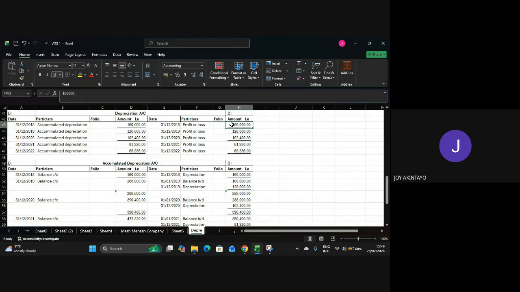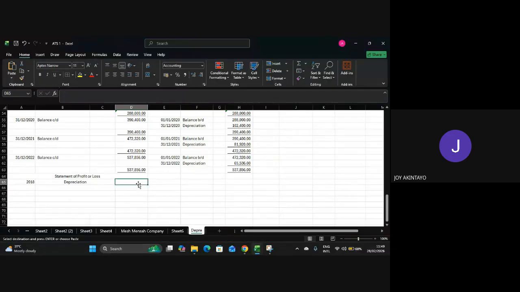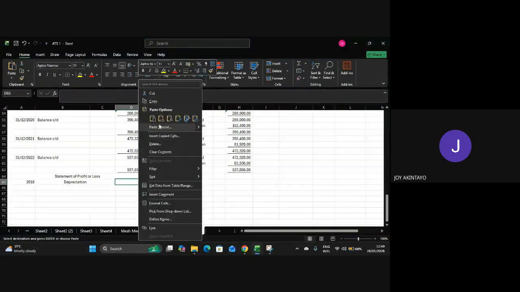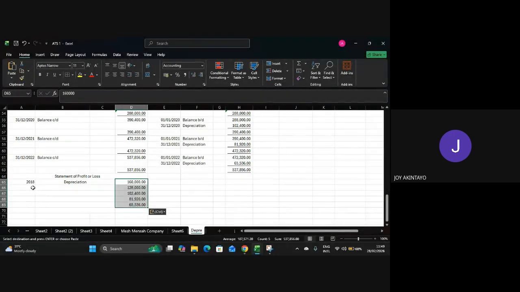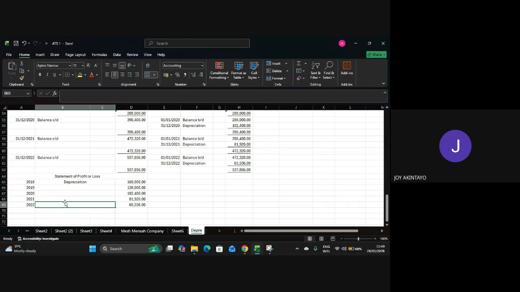We'll just change it. We've calculated everything already. Then place it here: 2018, 2019, Abi, 2020, 21, then 22. I hope it's clear.